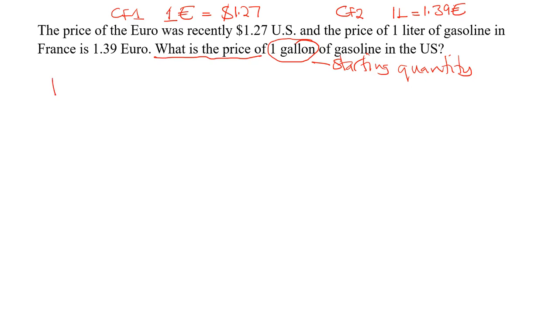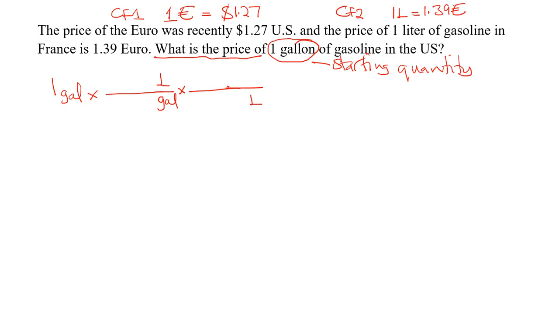So I will start with 1 gallon here times. I need to get rid of the gallon. I need to convert from gallon to liters. Then I need to cancel the liter, which means I need to put a liter down here.